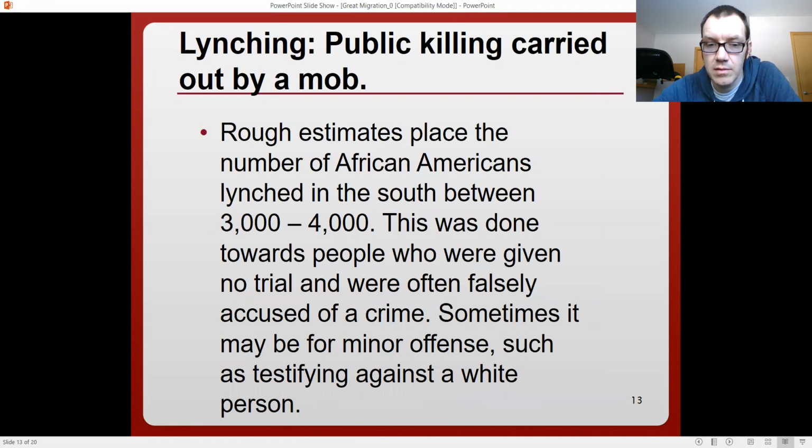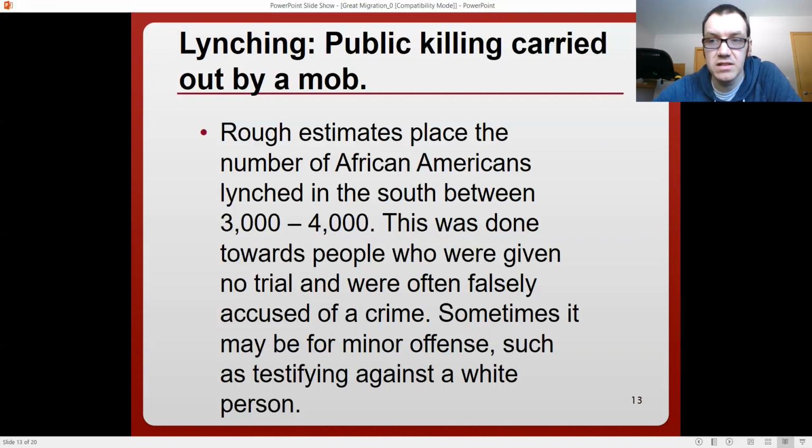This is done towards people who were given no trial and they were falsely accused of a crime. Sometimes it may be for a minor offense, such as testifying against a white person. And so if they felt you did something wrong, the mob might say you're guilty and hang you from a tree and kill you on the spot. No justice, no trial, none of that.